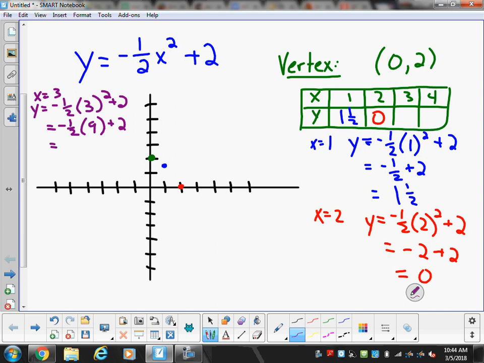Negative 1/2 times 9 is negative 4.5. And negative 4.5 plus 2 is negative 2.5. So when x is 3, y is negative 2.5. So at 3, negative 2 and a half. So about there.